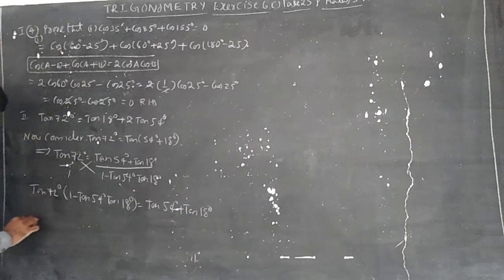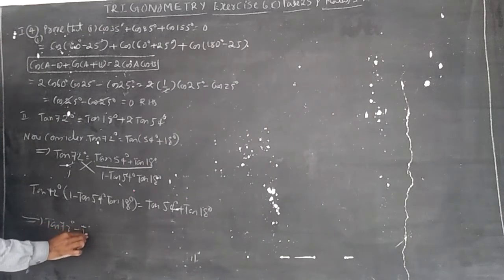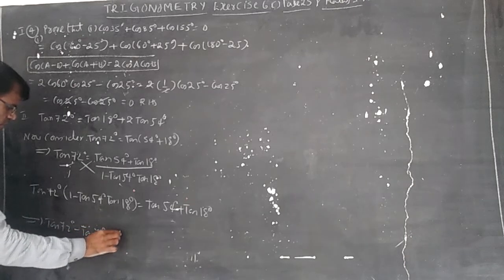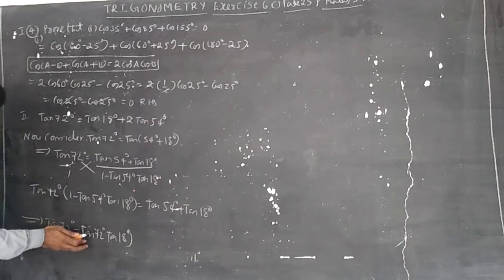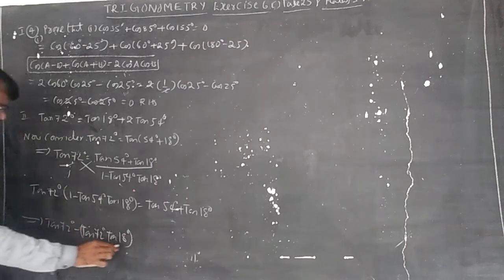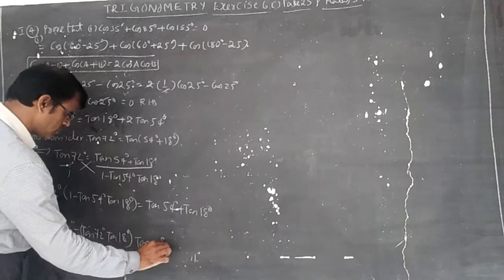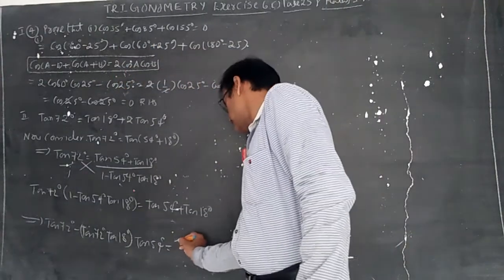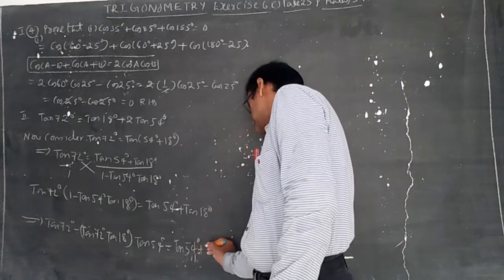That implies tan 72 minus tan 72 into tan 18 into tan 54, put a bracket here, is equal to tan 54 plus tan 18.